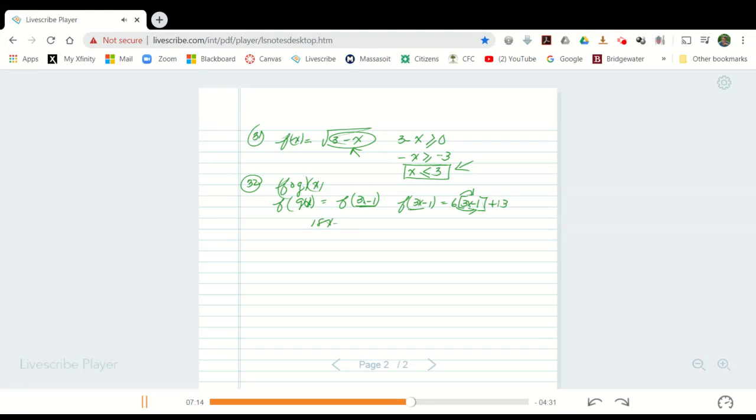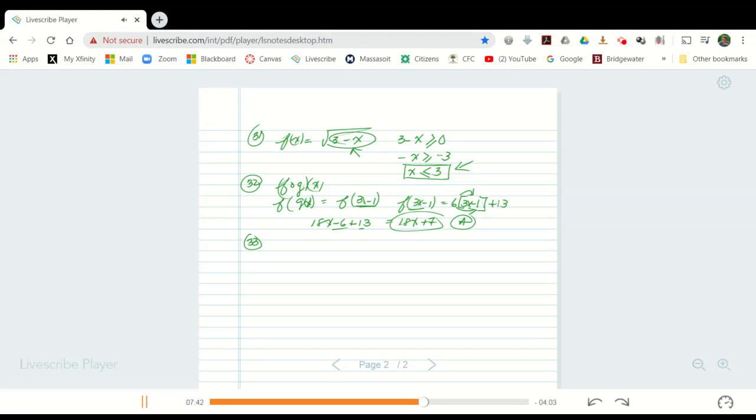So distributing here, I've got 18x minus 6 plus 13, which simplifies to 18x plus 7, which ends up being letter A. Let's see if I can continue on here.